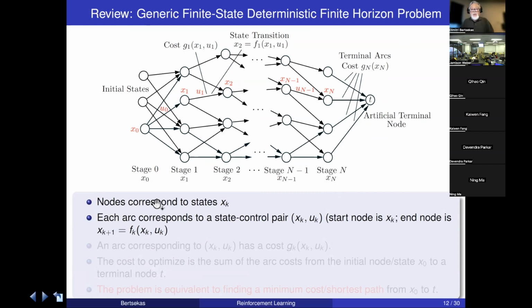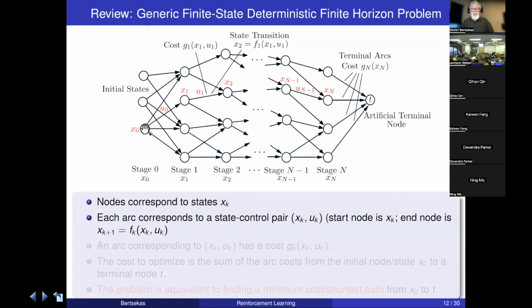So nodes, the circles, correspond to states, and the arcs correspond to controls. More precisely, state control pairs, xk, uk. The start node of the arc is xk. The end node is the state that you end up after applying uk.